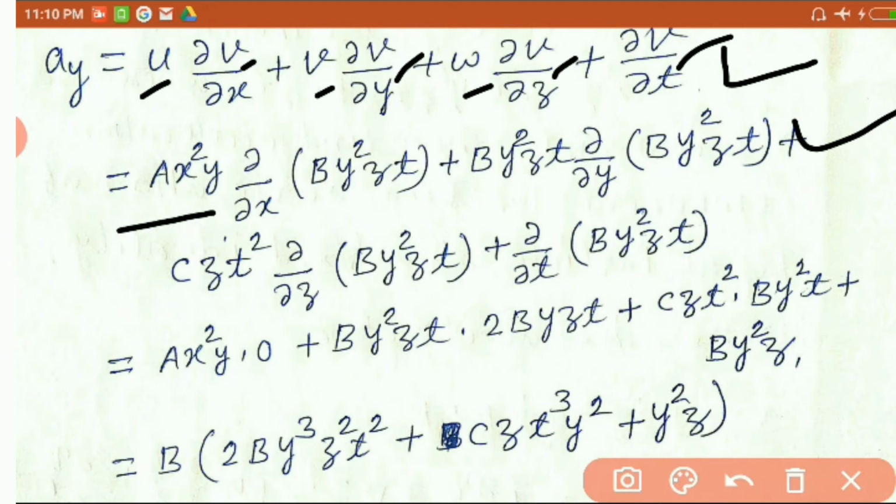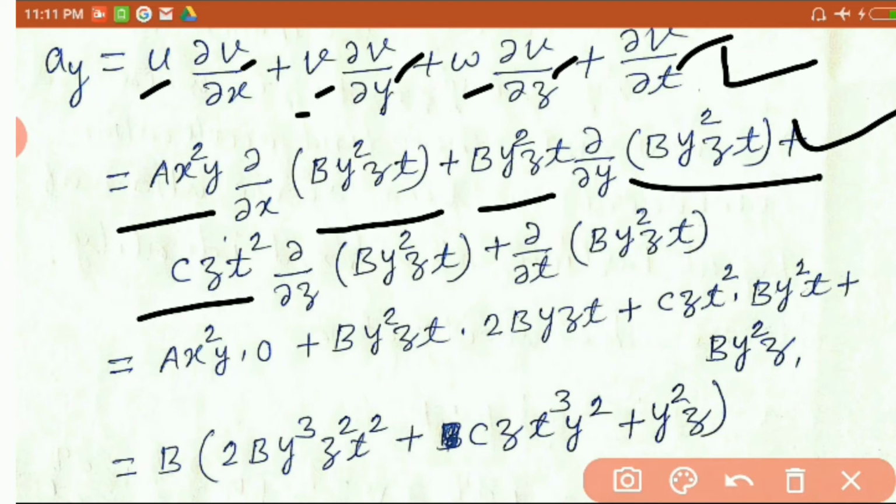u is a x square y as it is. v is b y square z t. Derivative of this v with respect to y is 2byzt, plus w is c z square t.